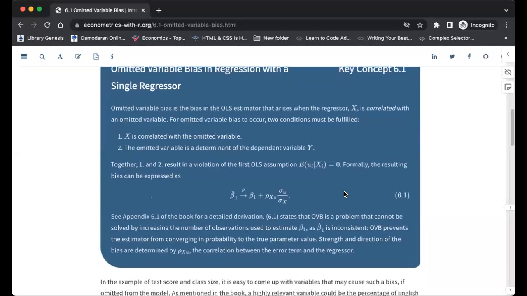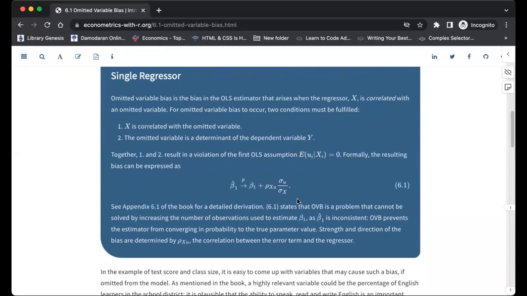Together, conditions 1 and 2 result in a violation of the first OLS assumption, the zero conditional mean assumption, that is, the expected value of the error term given the regressors is equal to 0. If these 2 conditions hold, this will not be true.